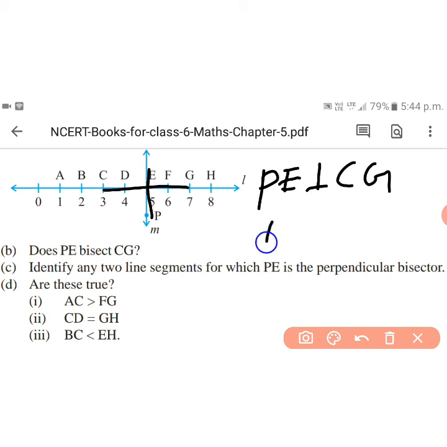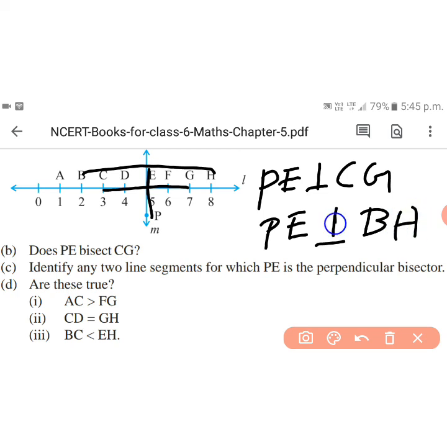Next, PE is perpendicular bisector for BH. Here PE is perpendicular bisector for CG and PE is perpendicular bisector for BH.